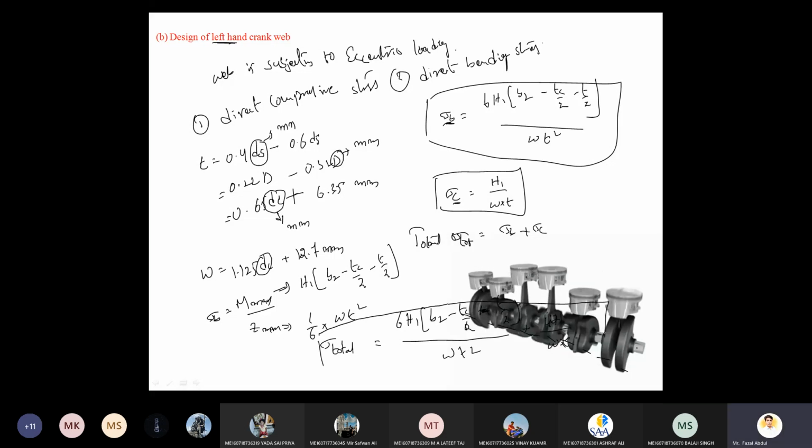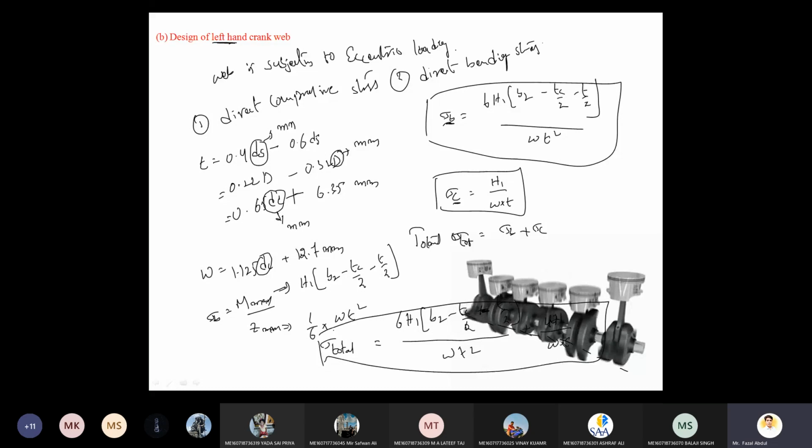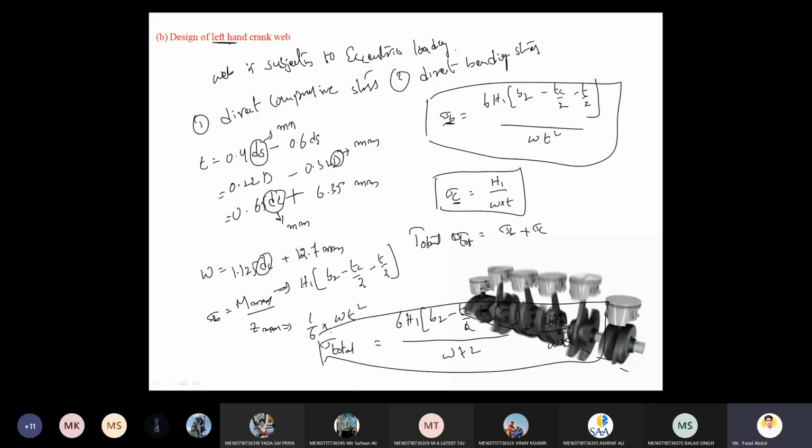The total stress acting on one side of the crank web is this. What title are we considering here? Left hand side crank web. This is the total stress acting.